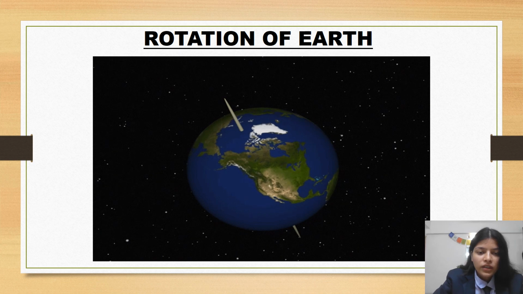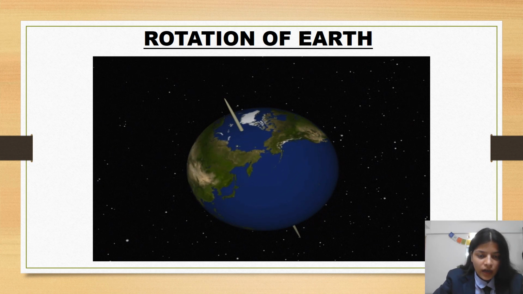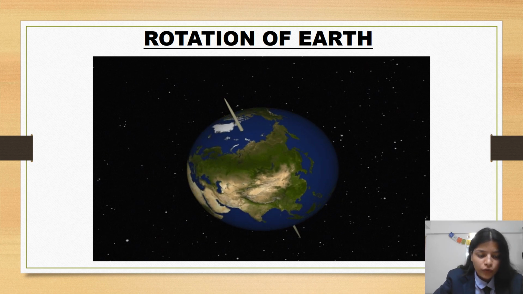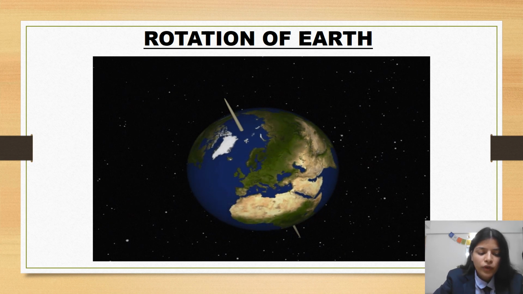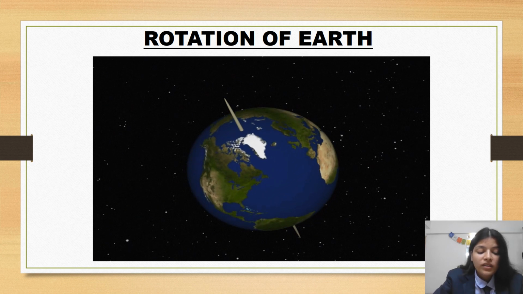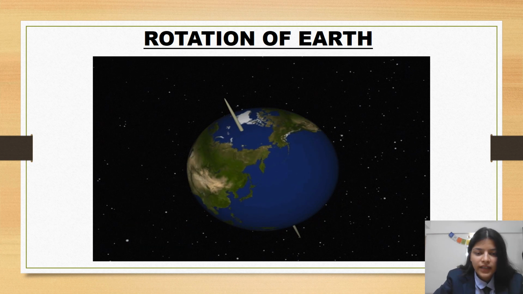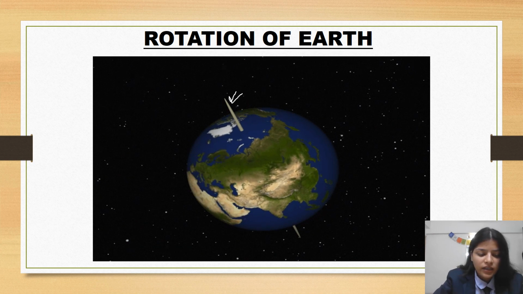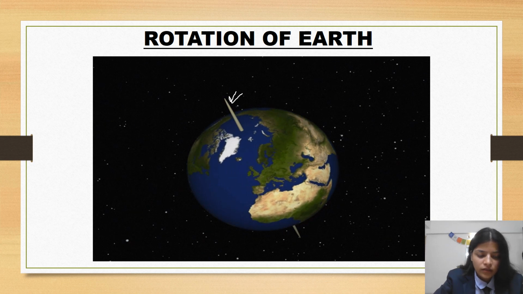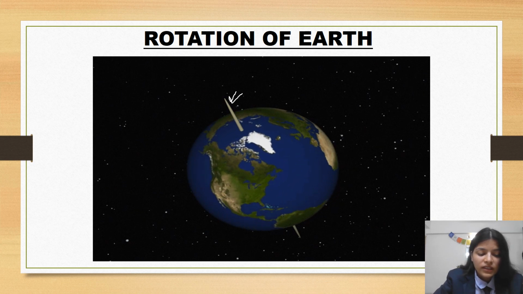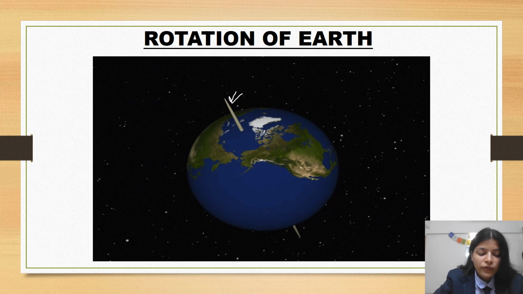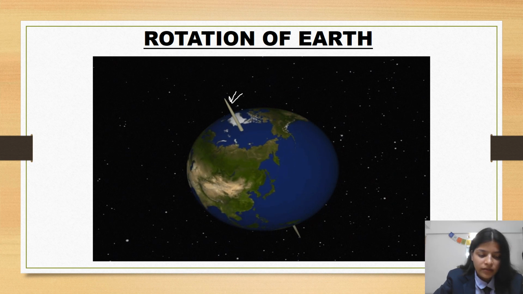So now here I have shown you the rotation of the Earth, and you will notice that there is a needle which is fixed here. This is the needle that you can see is fixed on the Earth. So this needle is fixed through the globe in a tilted manner.